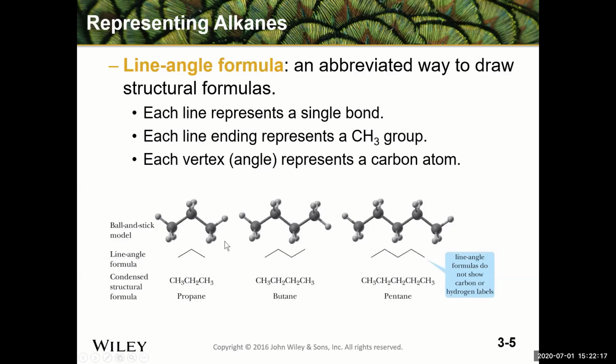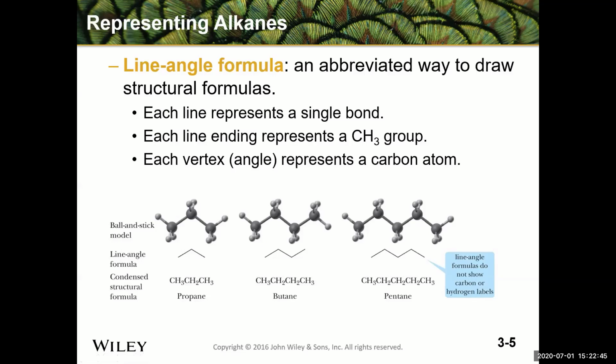Of course we can also draw Lewis structures, but drawing all the single bonds in an alkane, even the carbon-hydrogen bonds, would take a long time. So there are 2 other ways that we represent the structure of alkanes, and one of those ways is called the line angle formula.